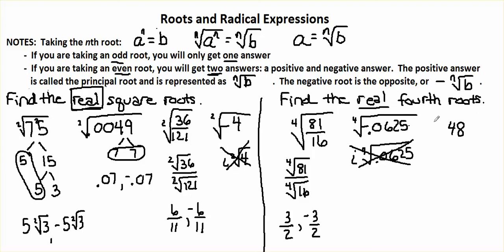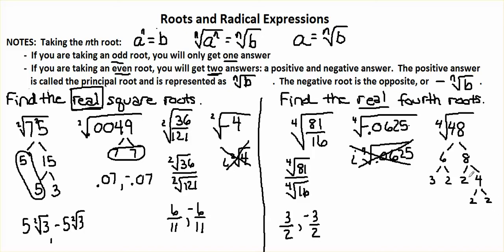So let's take the fourth root of 48 and see what we get here. Hopefully we'll get something. We know that both 6 and 8 go into 48. And we know that 6 factors into 3 times 2, and that 8 factors into 2 times 4. 4 is still not prime, so we factor 4 into 2 times 2. We're looking for groups of 4.